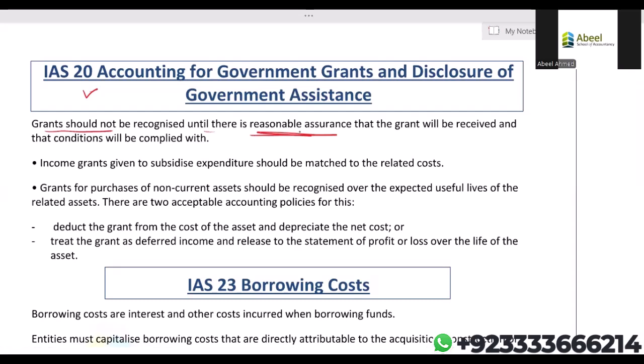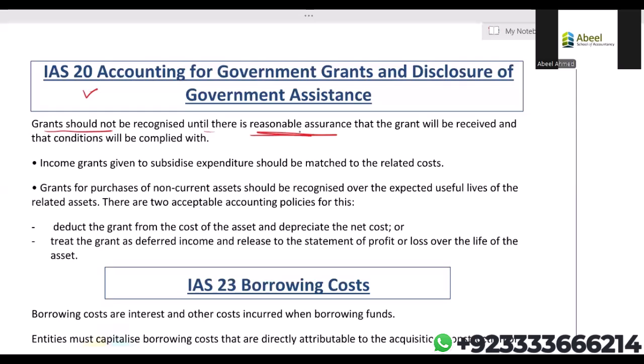When your organization's people meet with government representatives, within one or two meetings you automatically get to know whether you will be getting the government grant or not. Some students get confused about what reasonable assurance means. IAS does not tell you the probability or how to judge it. It's simply professional judgment.